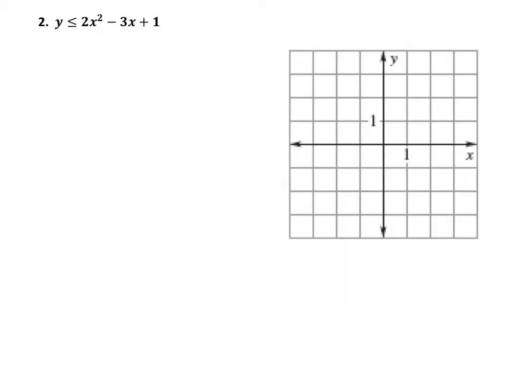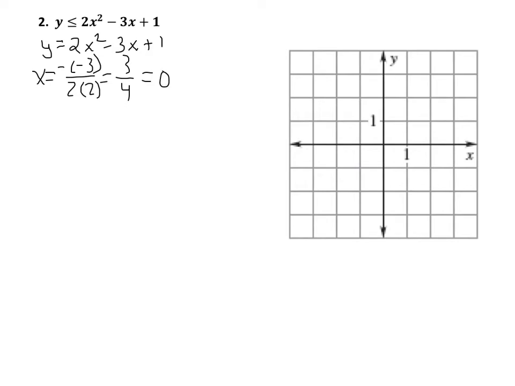Okay, so again, think about it as y equals 2x squared minus 3x plus 1. So find the vertex. x equals negative b over 2 times a, so 3/4. Plug that in.